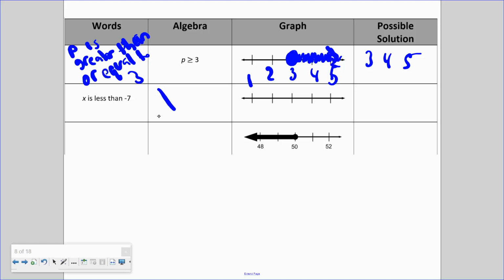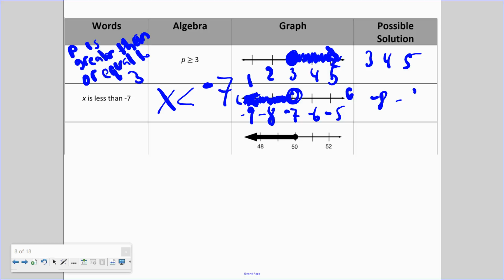X is less than -7. So here's -7, -6, -5, -8, -9. Less than -7. So least to greatest. So all of these numbers are less than -7. Would it include -7? I don't see any equal, so open dot.